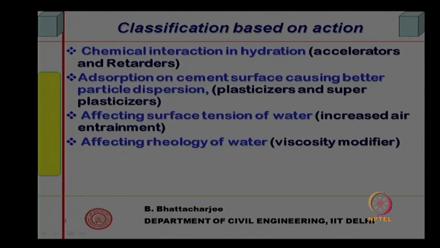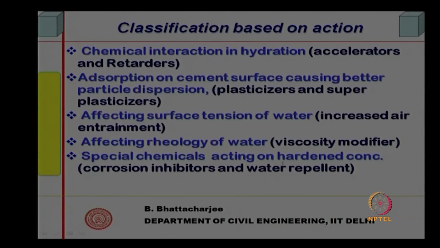They are similar to anti washout admixtures. So, they actually affect the viscosity property of water. They can modify the viscosity of water. In other words, it can thicken the water. We will look into that when we discuss in detail.